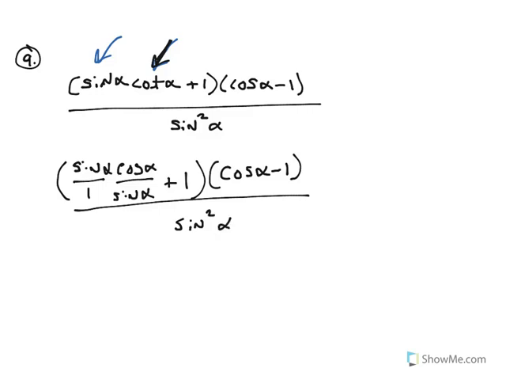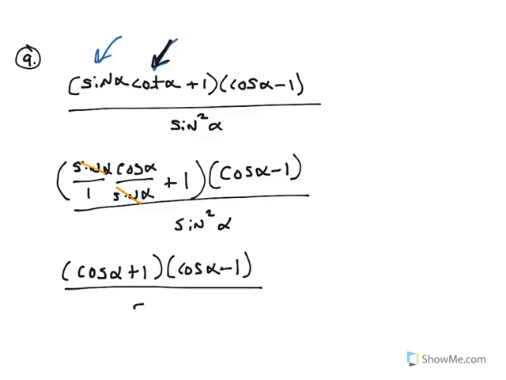And up here where we did our rewrite, sine divided by itself cancels, so you're left with cosine alpha plus 1, multiplied by cosine alpha minus 1, all over sine squared.